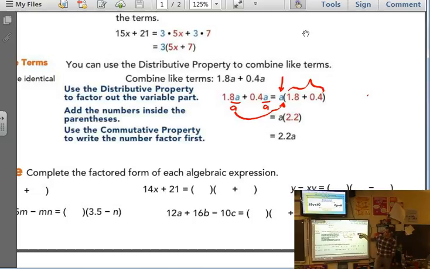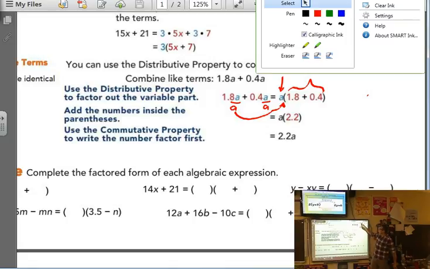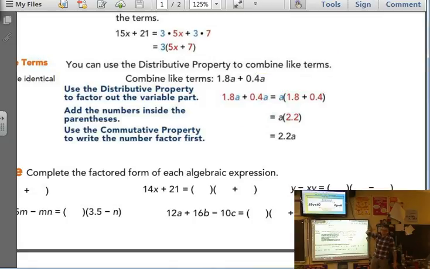Now you don't have to do this step. It is not required. It is not necessary. But if you are struggling to understand what's going on, that's why we can combine like terms. Because we technically factor out the variable, add the numbers together, or subtract, whatever it's telling us to do, and then put the variable back on. So this is why we are allowed to combine like terms. Like terms must have, did we talk about the two things they must have? Abby?